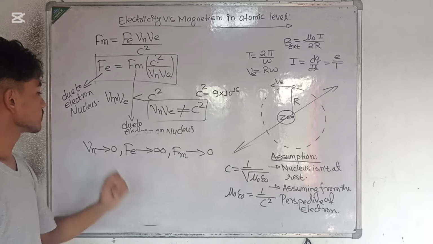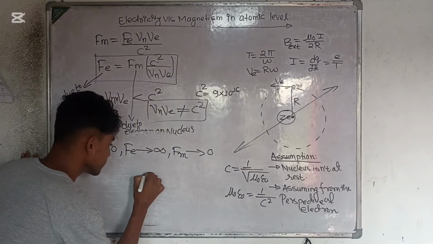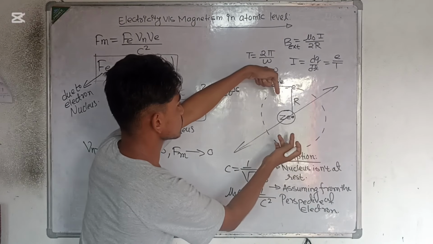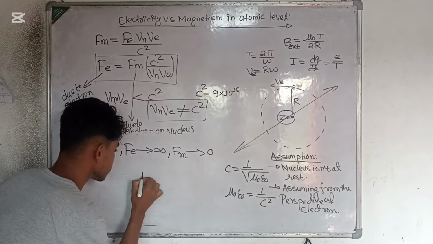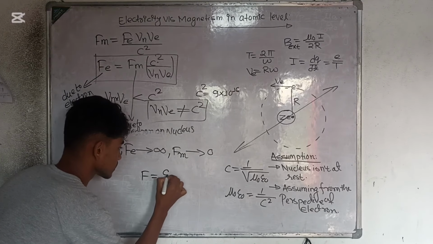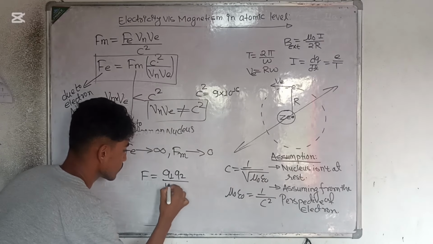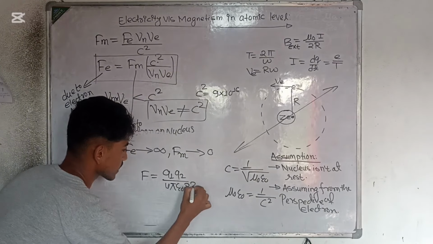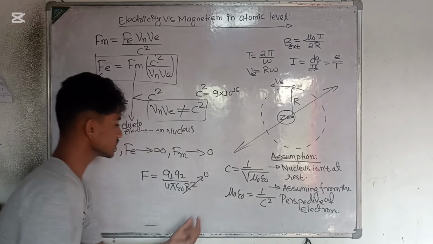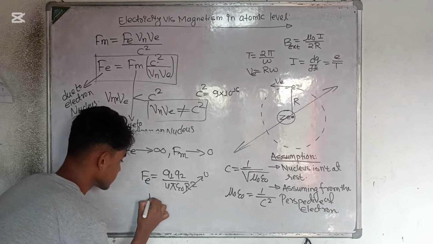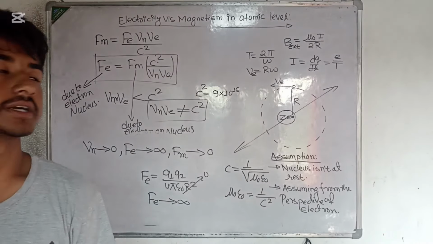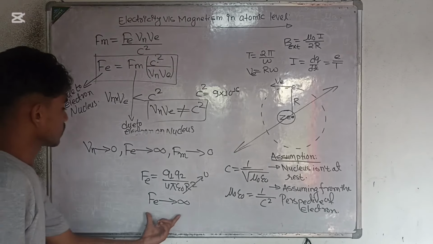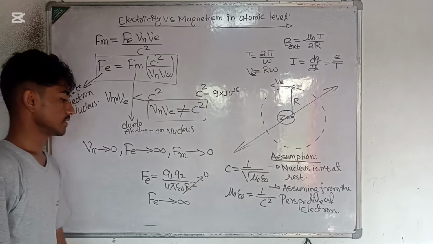The electrostatic force would be infinite if the two charged particles are at the same position, because look here, F is Q1 Q2 over 4 pi epsilon naught R squared, and if the radius tends to 0, then you will end up getting infinite electrostatic force. So what does this mean?